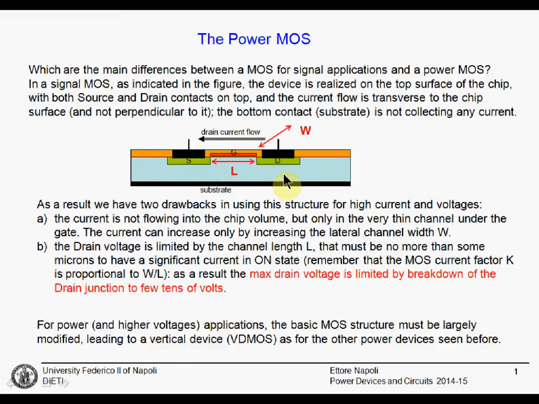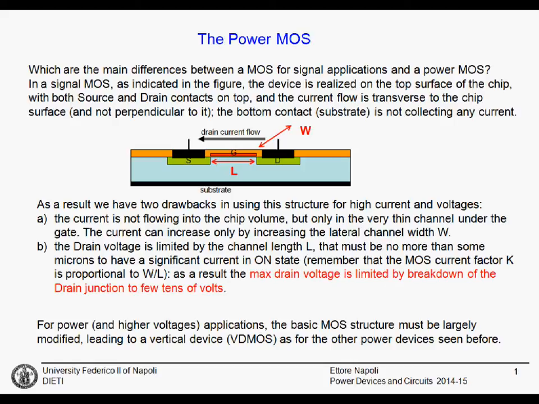Both of them are on the surface of the chip, and the current flow is horizontal. It just exploits the top portion of the chip. The substrate is there for mechanical purposes. It does influence the characteristics, but does not collect any current.